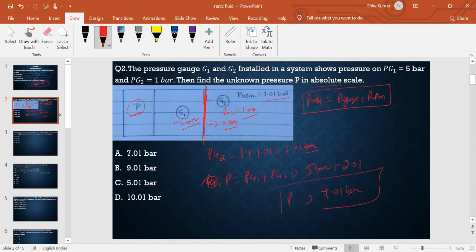First we found the pressure at this point, and we have added atmospheric pressure. After getting this pressure, to find this pressure, add this pressure plus this pressure. You'll get the pressure at this point, because the pressure varies according to the heights. So it's 7.01 bar. Option A is the right answer.